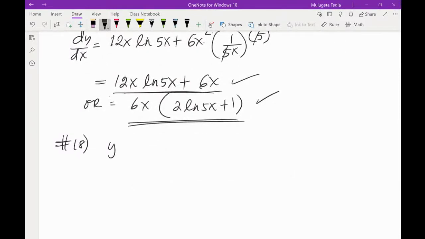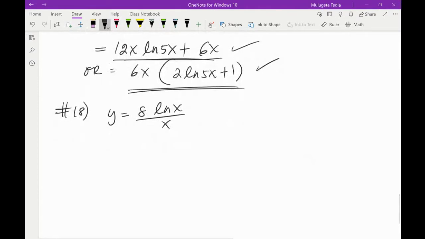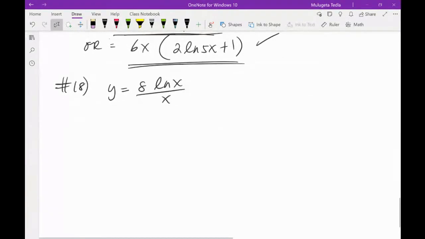They gave you y equals 8 ln x over x. As I predicted, there are a lot of ln x questions rather than log x because they are more applied in engineering. So what is dy by dx?